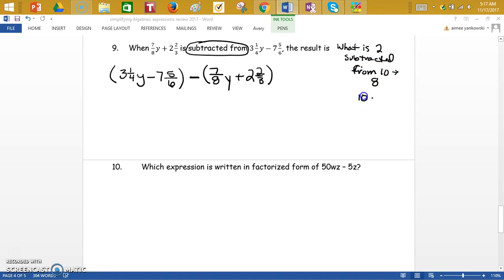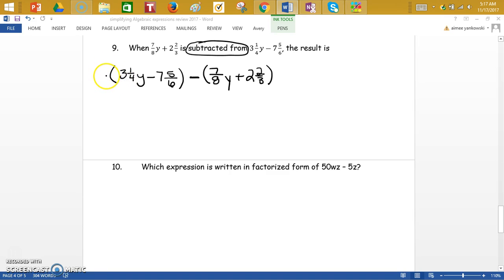Oh, that's 10 minus 2. So we reverse the order when we're doing subtracted from. Not sure if that helps you understand why. But if you need to, just know the first expression written before the words subtracted from actually has to be written second when you're subtracting from. All right, let's continue on.